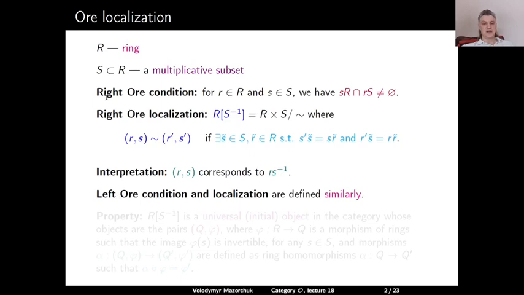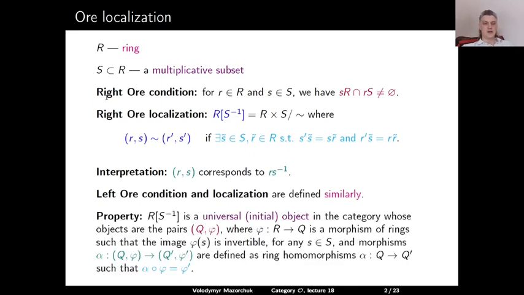Left Ore condition and left Ore localization are defined similarly. The main property of Ore localization, when it exists, is that this localization is a universal initial object in the category whose objects are all possible pairs (Q, phi), where Q is a ring and phi from R to Q is a morphism of rings such that phi of s is invertible for any element s in S. And morphisms in this category are defined as follows.